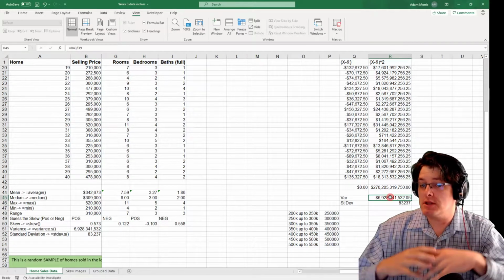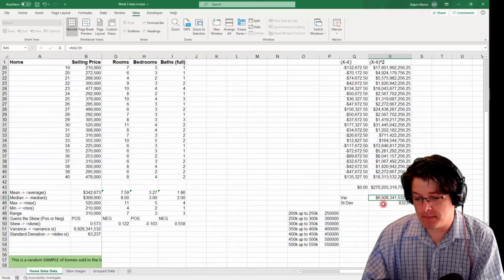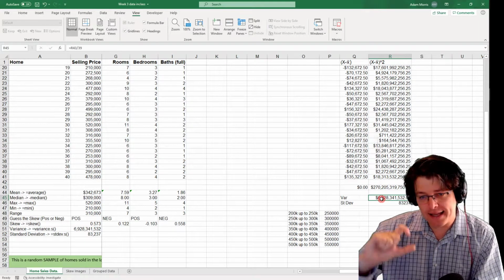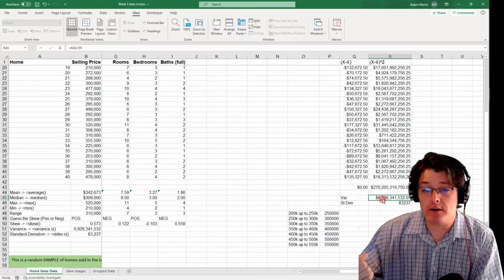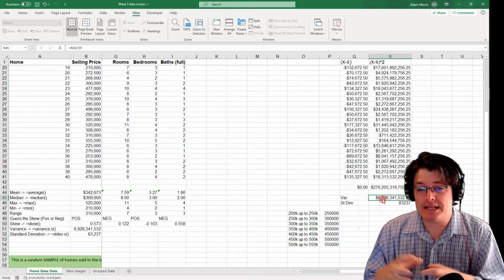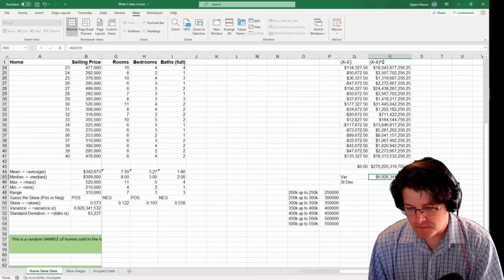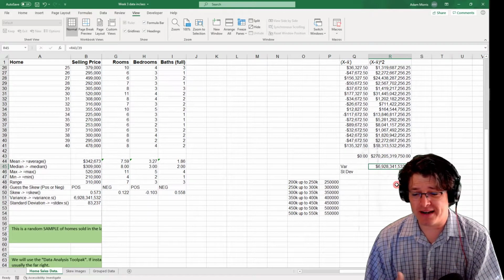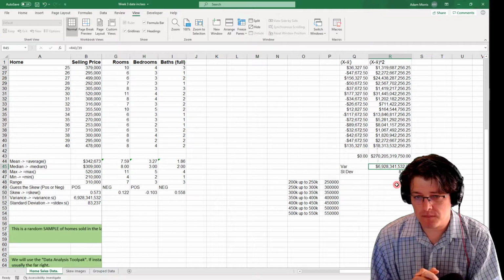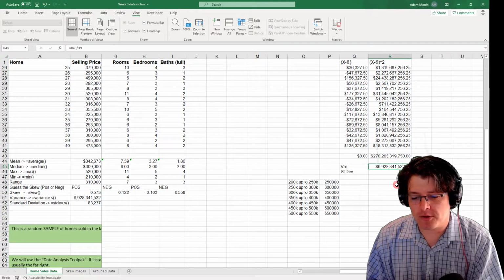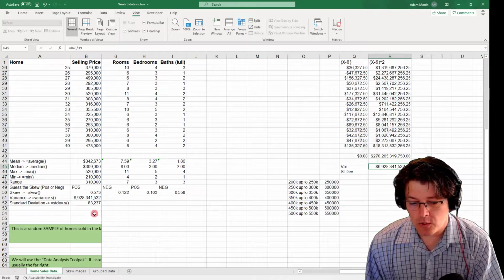The variance has ballooned, and we are at 6.9 billion, and again, that's actually in dollars squared, because variance is in that squared version. That's why it's getting so big. So as we talked about, that's why we kind of lean on standard deviation as a way to express the spread of a variable, especially when we're describing it.